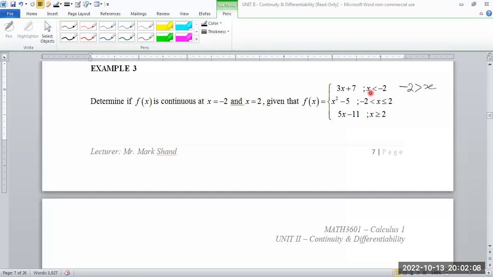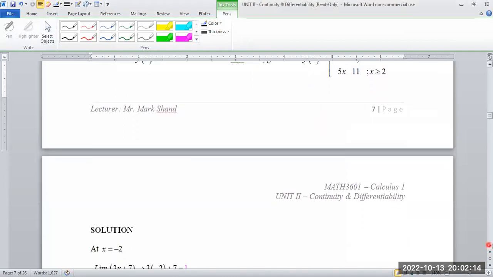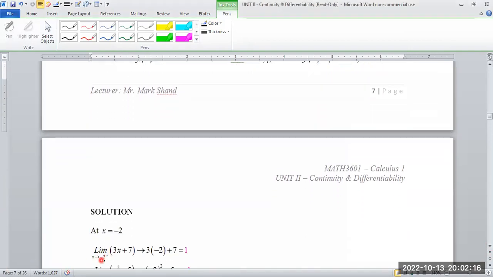To the left of -2 is what we are going to denote as -2 to the minus. So I know which function deals with to the left of -2. All right? So it's going to be 3x minus 7. Sorry, 3x plus 7.